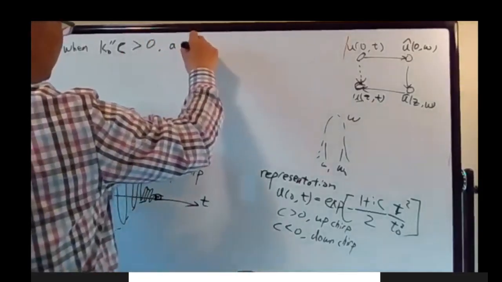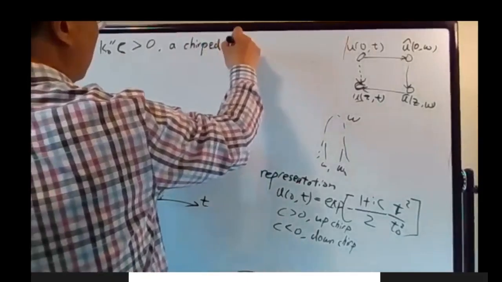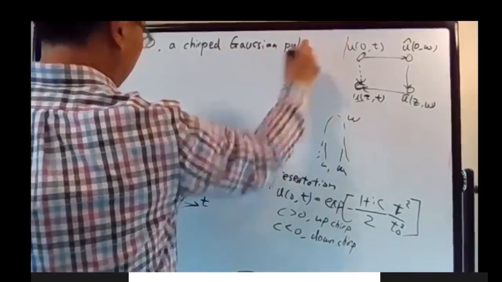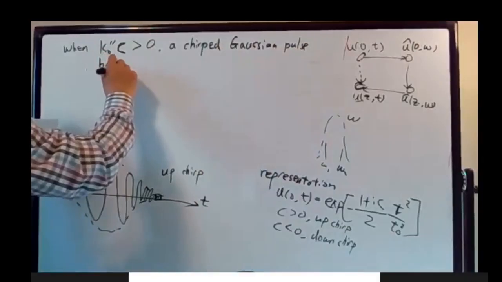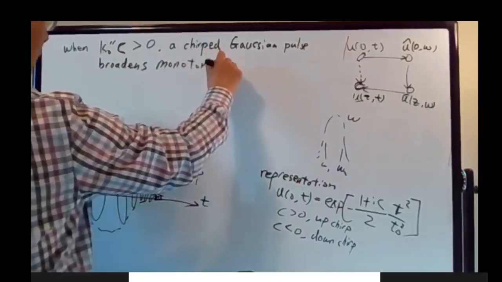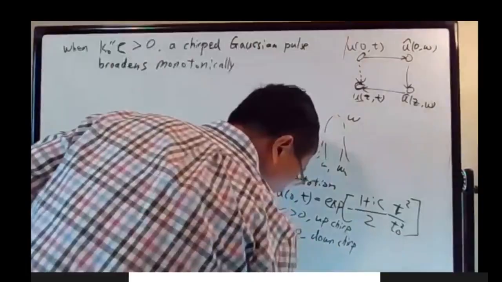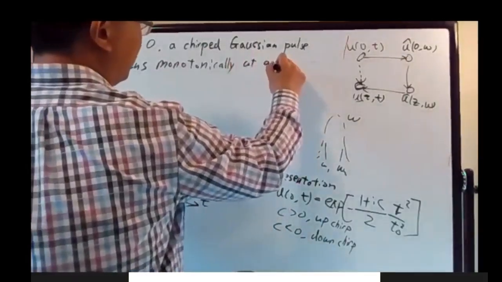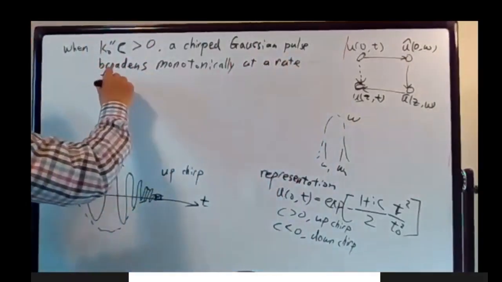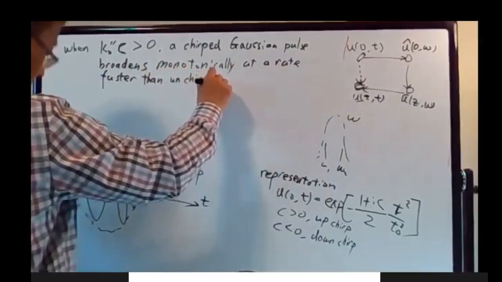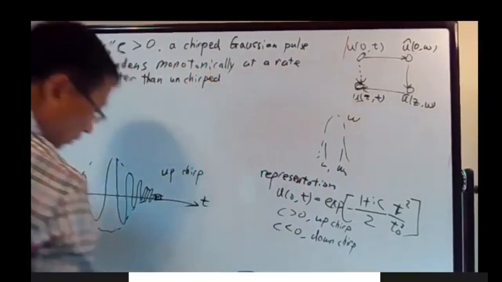A chirped Gaussian pulse will broaden monotonically at a rate faster than unchirped, right?